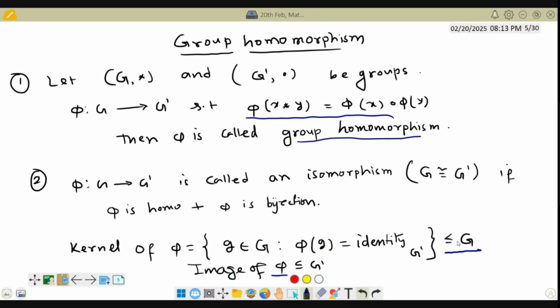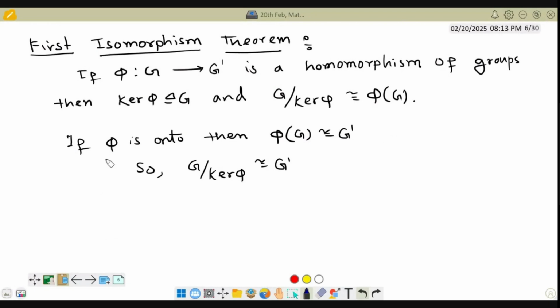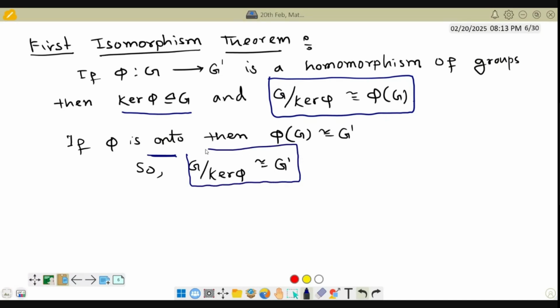You can also prove the kernel of phi is a normal subgroup of G. And this first isomorphism theorem you are all familiar with: the kernel of phi is a normal subgroup of G, and this quotient group is isomorphic to the image of phi. And if phi is onto, then this quotient group is isomorphic to G prime. You all know these things. Good.